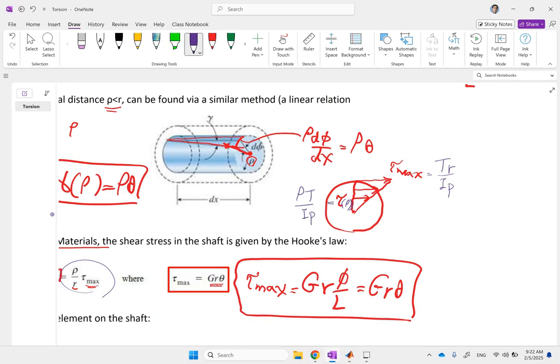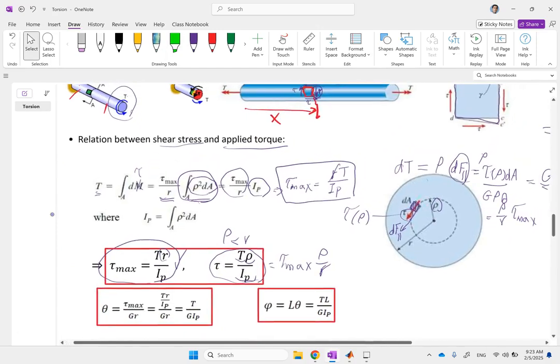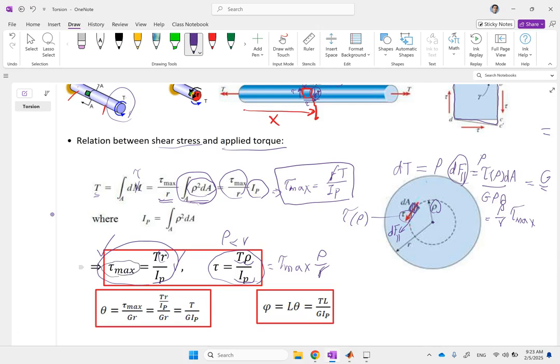Okay, and clearly rho changes linearly from 0 to r. So this is the most important formula that we have found so far: if I know the radius of the shaft, calculate its polar moment of inertia, and I know the torque applied at that section, I can find the maximum shear stress at that location. Okay?